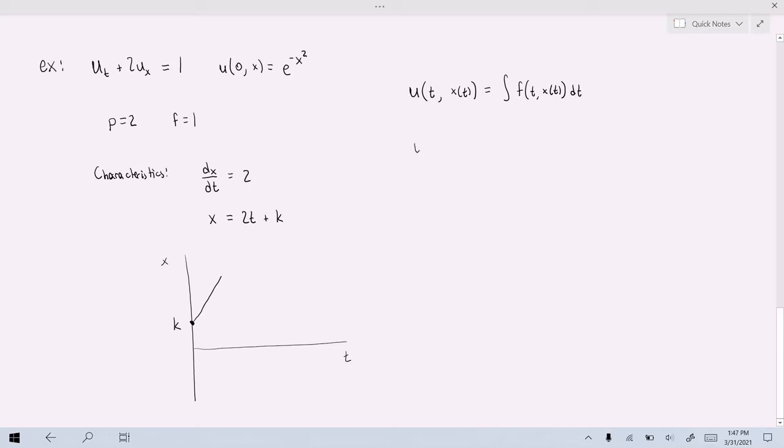So for this example, that means that u, if we evaluate when x is 2t plus k, it should be equal to the integral of, well, 1 dt.